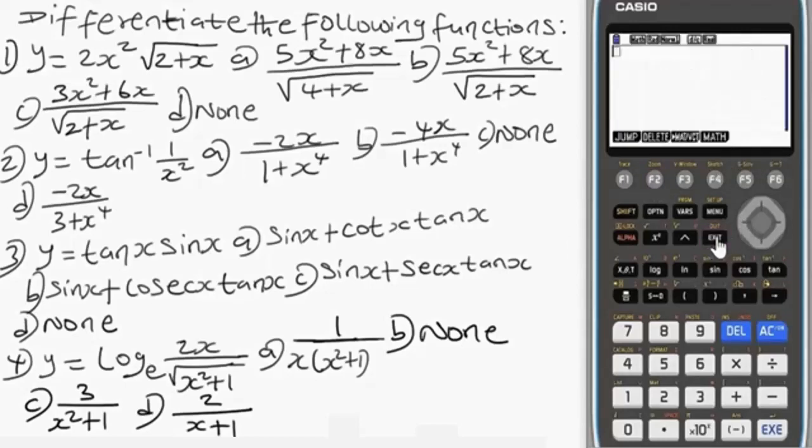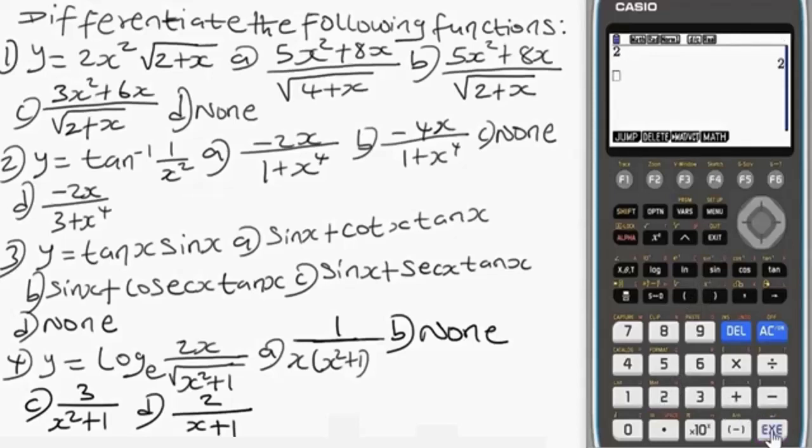Now the next thing to take note of is to ensure that we store a number we're going to use to differentiate these functions. I recommend 2 for people I teach, because I have practiced with 2 for a very long time and I have not found any error with it. To store 2 on this calculator, we're going to store 2 as x. All you have to do is press the number 2 first, press execute.